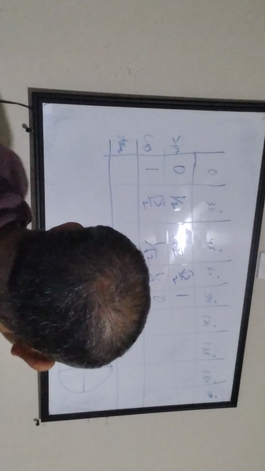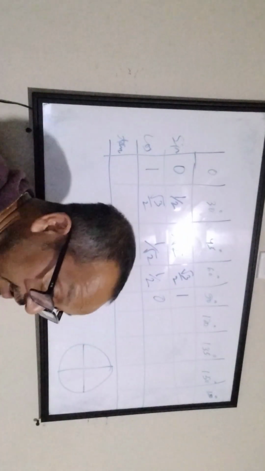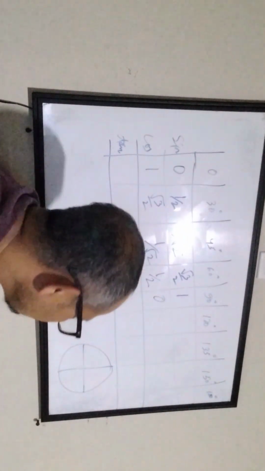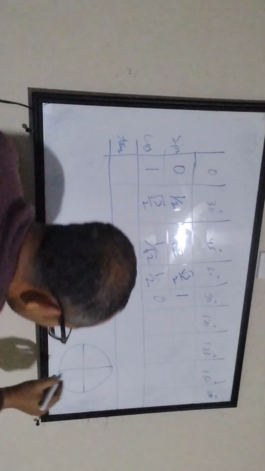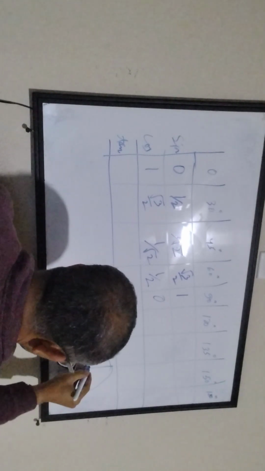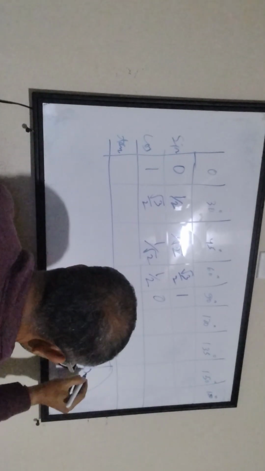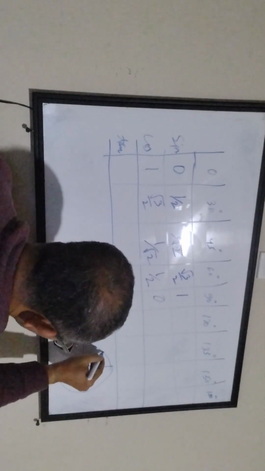Now tell me, how much would be sin of 120 degree? This is where the unit circle will actually help. Sin of 120 degree means what? Here, this is 30 degree and this is 90 degree. This is your x and y coordinate.